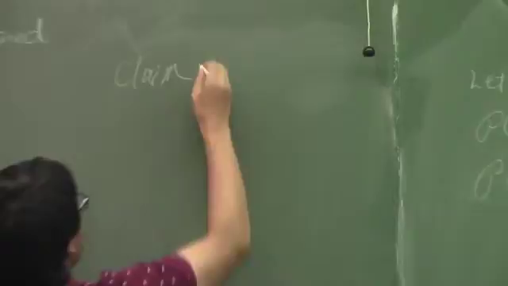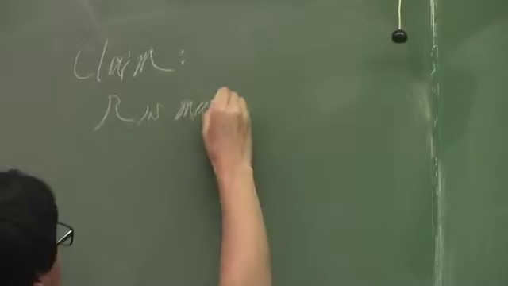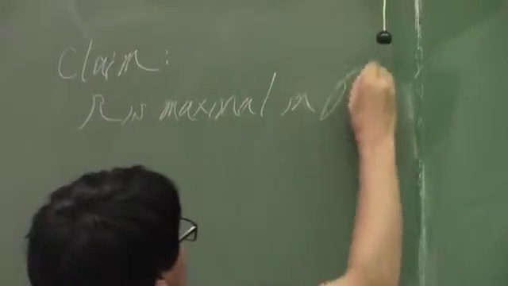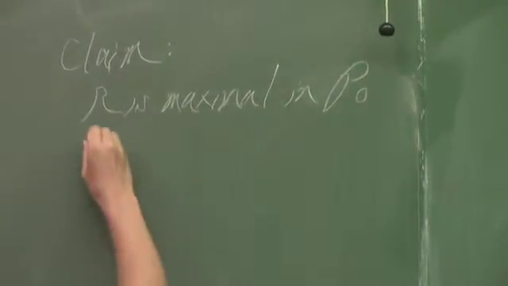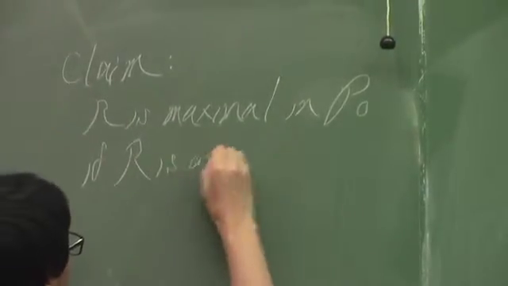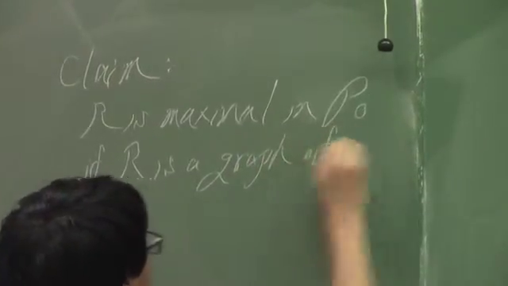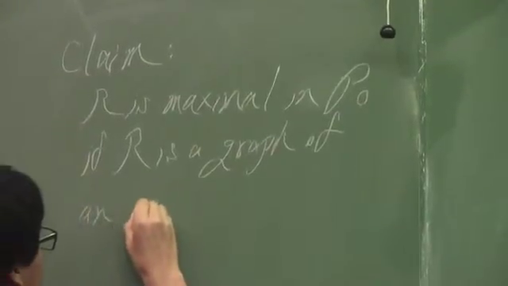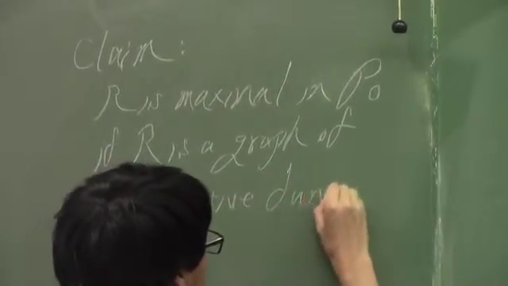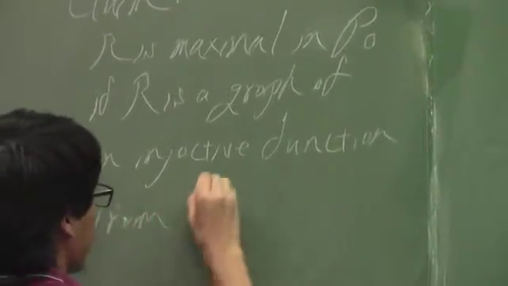R is maximal in P0. If R is the graph of an injective function from A to B, or R bar is the graph of an injective function from B to A.